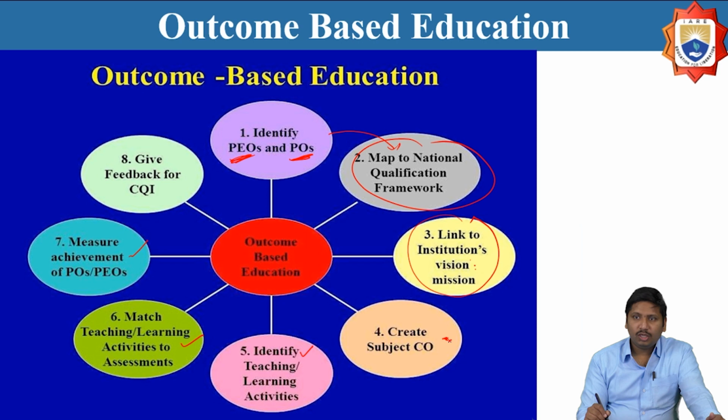Next we move to the subject COs, that is, the course outcomes, which should be identified. Next, we identify the teaching and learning activities, and then match these teaching and learning activities to the assessments. We measure the achievement of POs and PEOs, and finally give the feedback to the CQI.